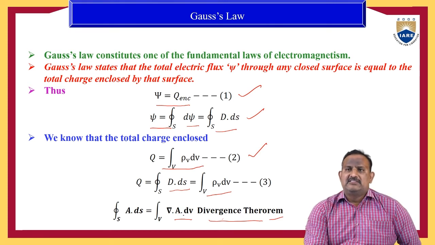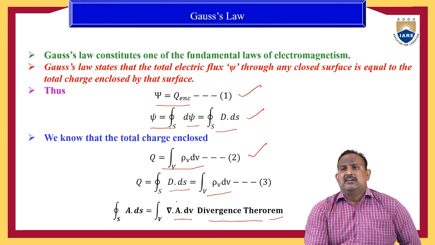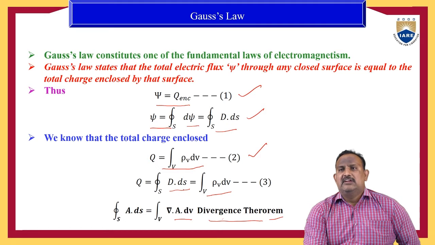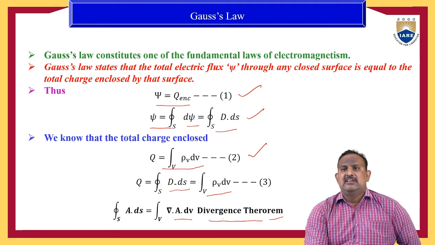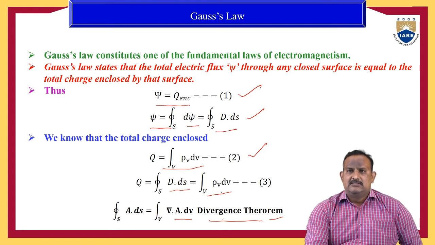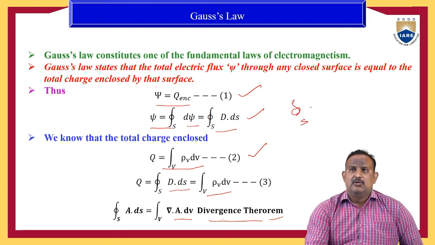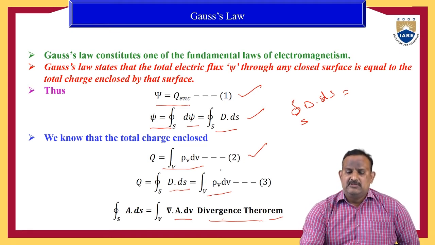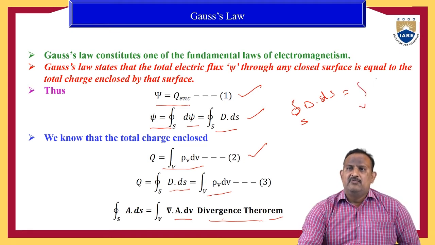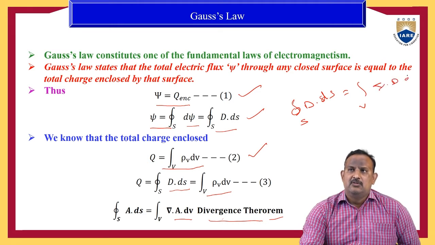Now we will apply the same divergence theorem to the second term of equation 3. The second term of equation 3 is the closed surface integral of D into dS. If you apply the divergence theorem to the middle part of equation 3, it becomes the volume integral of del dot D into dV.